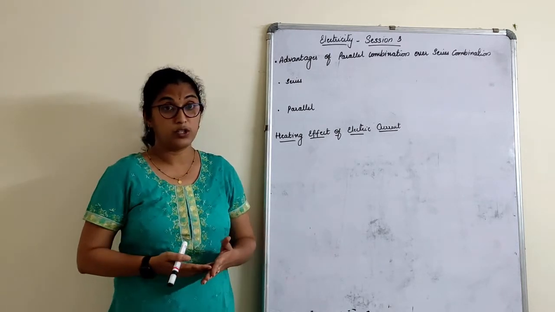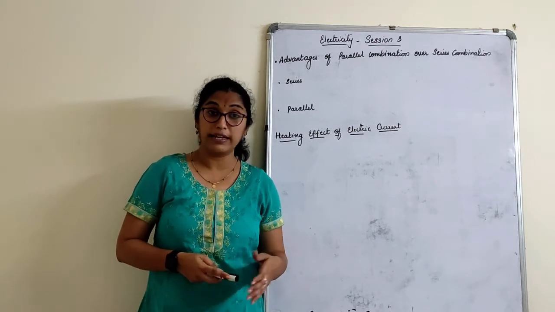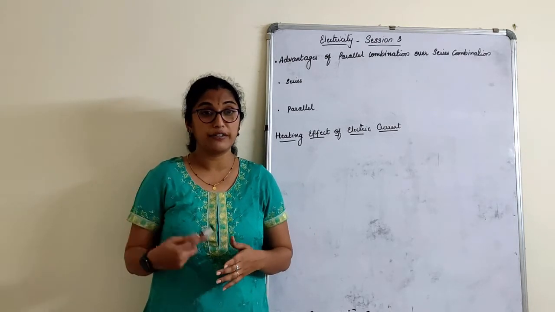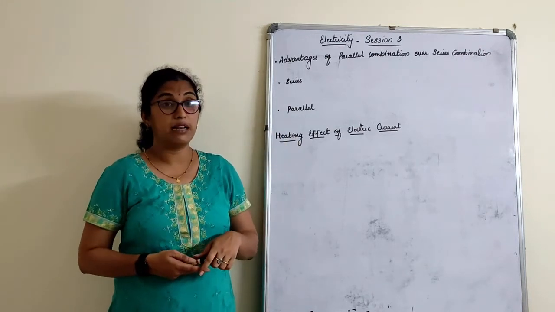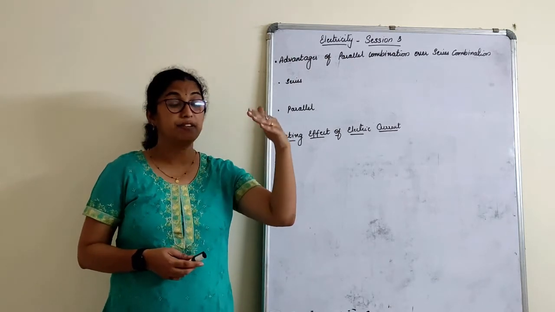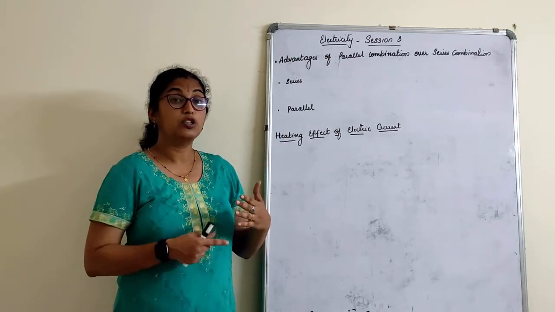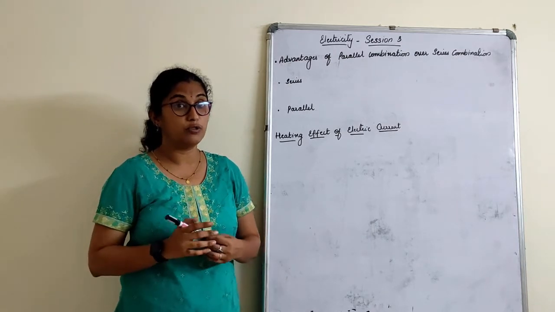That's a disadvantage for us. What if your tube lights also ran with the same current as your refrigerator and AC? In a parallel combination, a different current runs to a different arrangement of resistance. So the current varies according to the utilization.